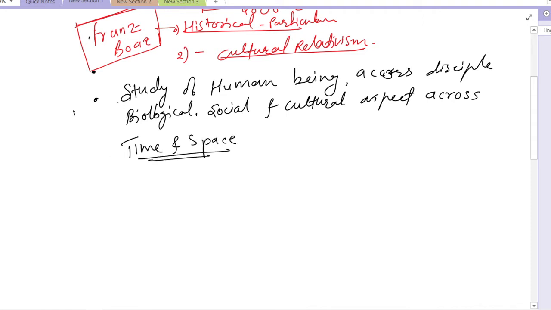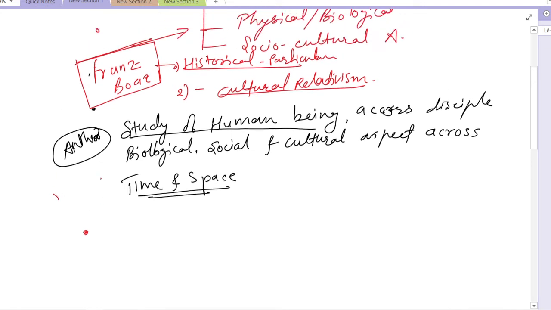So this is the definition of anthropology. Anthropology is the study of human beings. What are the areas that we cover there? We cover biological, social and cultural aspects, and that too across time and space.